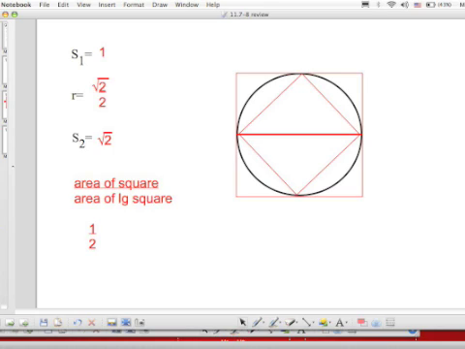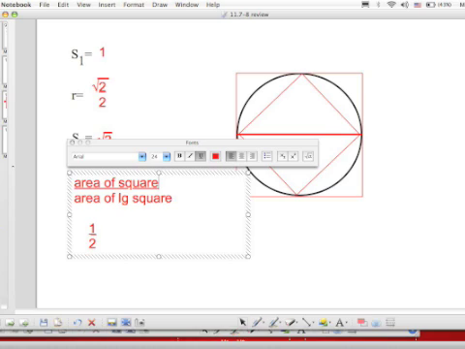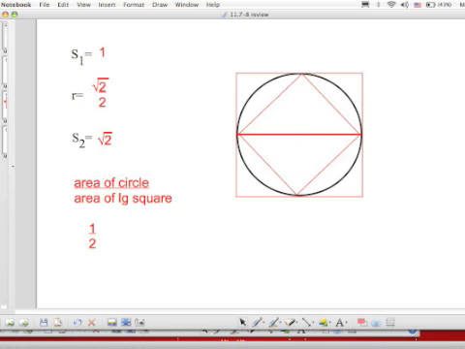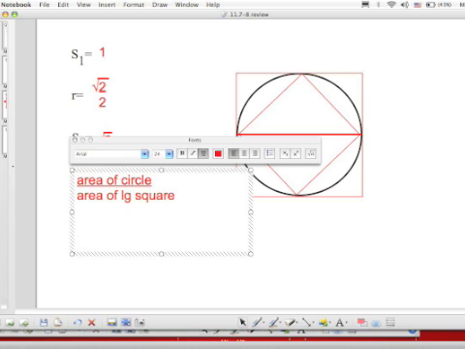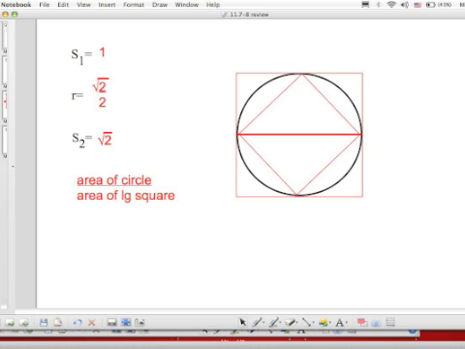Now, I could also ask you, what's the probability that the dart will hit in the circle? Anywhere in the circle. I haven't said not in the middle square. I've simply said in the circle. So you would find the area of the circle and divide it by the area of the large square. And you can plug into those formulas yourself because it's going to take too long for me to type it.